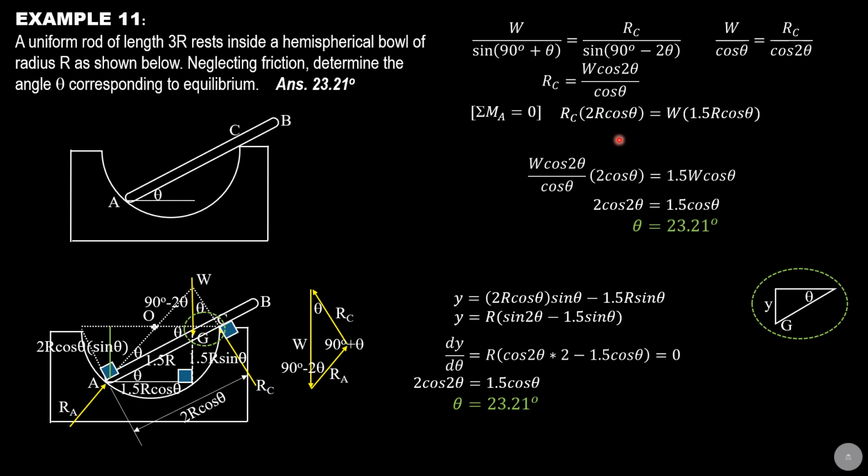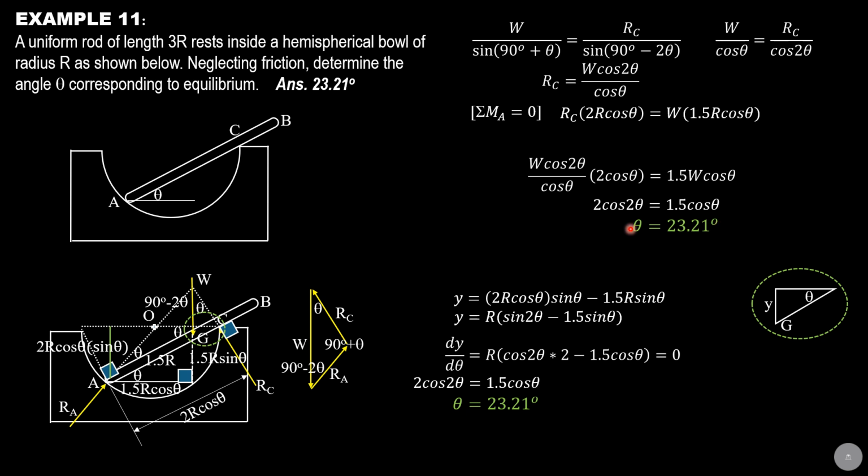So what remains here is 2 cosine 2 theta equals W times 1.5 cosine theta. Let's cancel W, and cosine theta from the left side of the equation. So what remains is 2 cosine 2 theta, and at the right side 1.5 cosine theta.